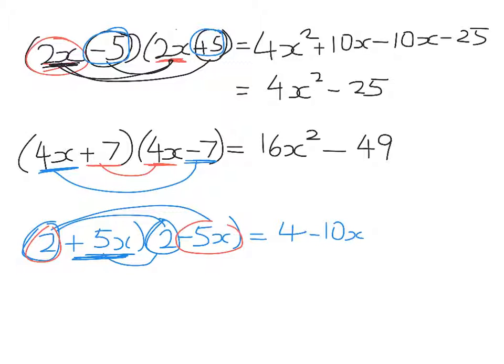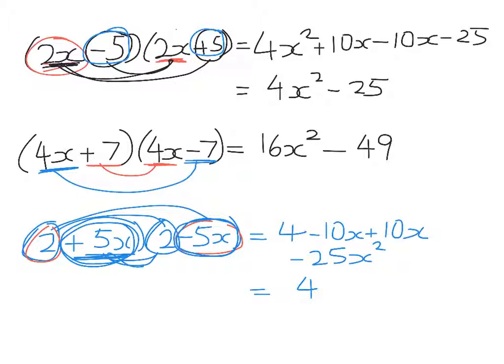The inner terms give me plus 10x, which is obviously going to vanish. And lastly, I've got 5x times negative 5x gives me negative 25x squared. So we get 4 take away 25x squared. Right, so that's the 2 times the 2 and the 5x times the negative 5x, because those middle two terms offset exactly.